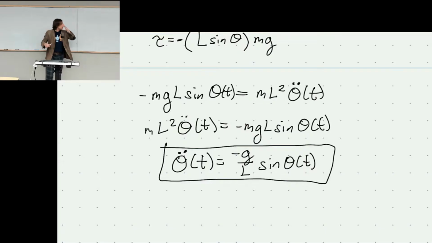Now, what order differential equation is this? Second. Why is it second? Because you have two derivatives here. This is a second order differential equation.